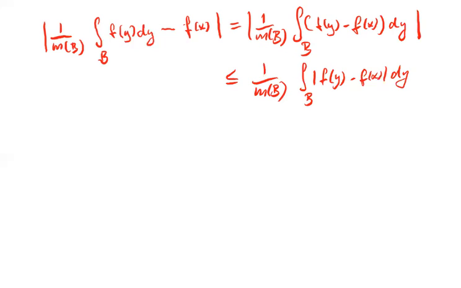This is the nice thing. If you have an integral over the ball and you normalize the integral by the measure of the set, then you can just pull a constant under the integral and not even think about it.